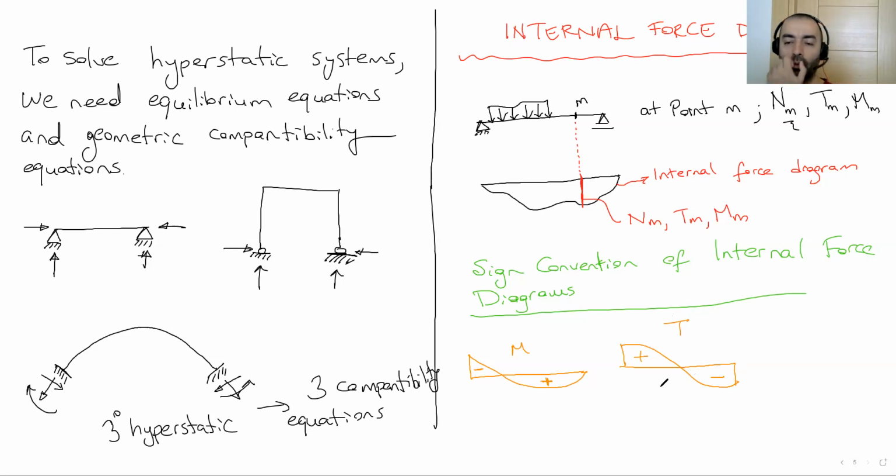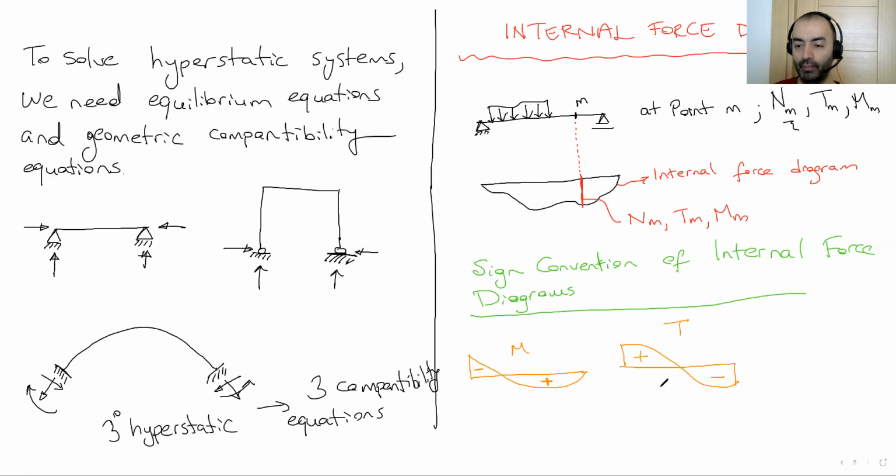At the end of the day, you can calculate the moment values or shear force or axial force values. If you combine them in an internal force diagram, we have to use these sign conventions, these rules.